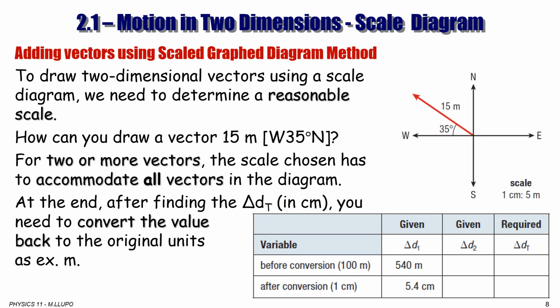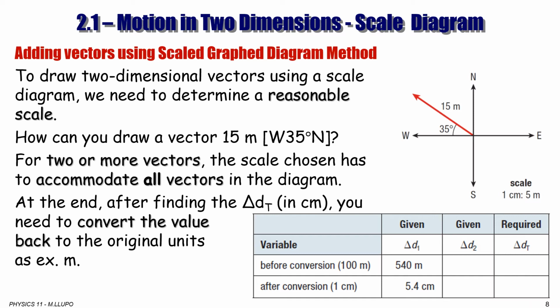It's 400 meters. So you cannot say that delta D total is 4 centimeters. Yes, you draw it and measure it, and it is 4 centimeters, but you have to convert it back to the original units, which was meters.